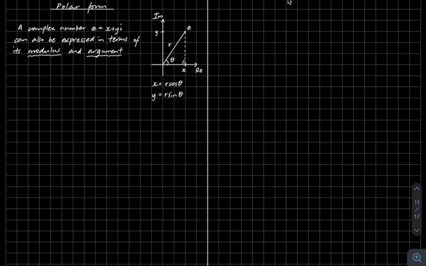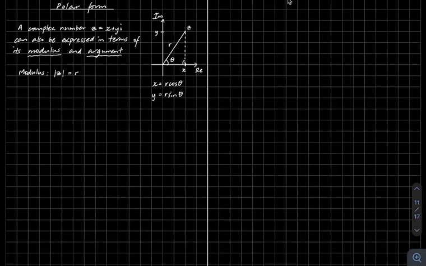So let's talk about the modulus and the argument. For the modulus, we use our modulus or absolute value notation, which we've also used for magnitude and for determinant. In this case, it means the modulus of a complex number, which is the distance of that complex number, that point in the complex plane, from the origin.